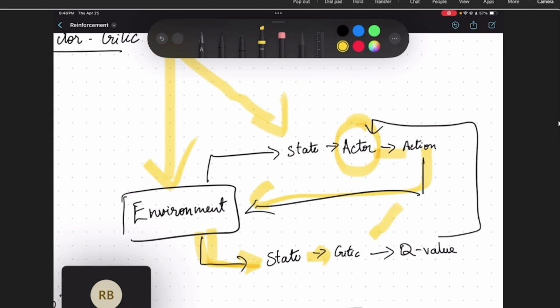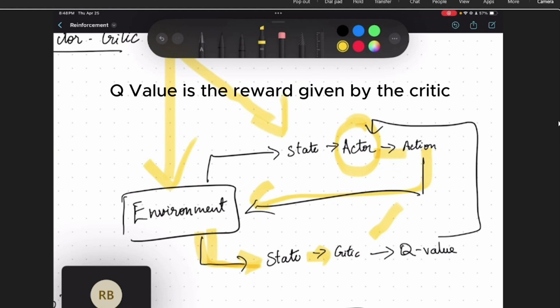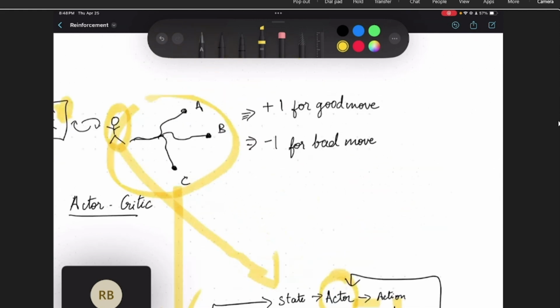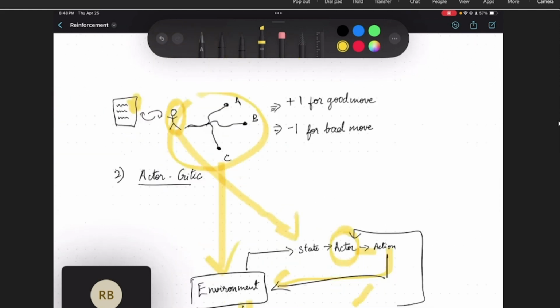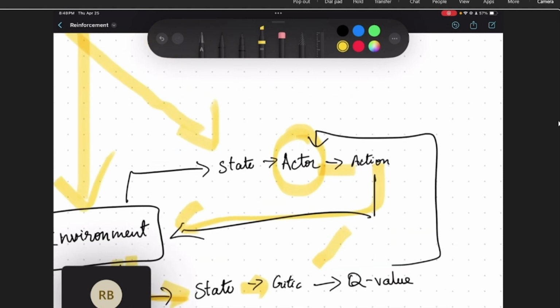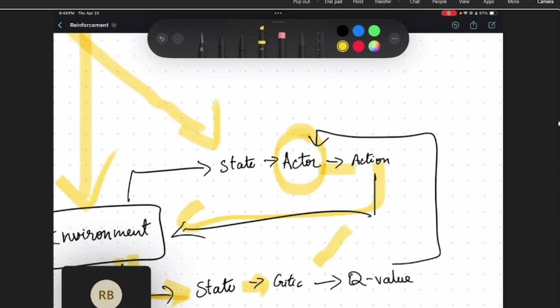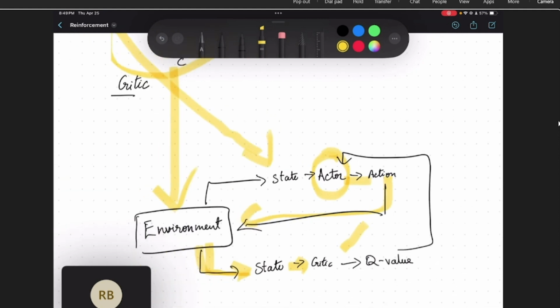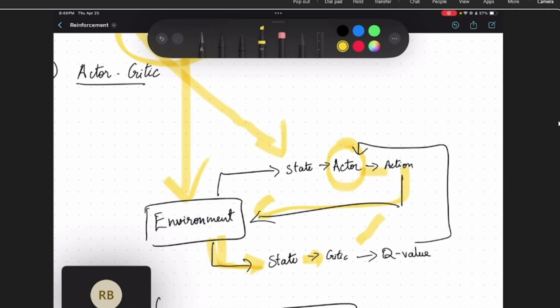The critic gives a Q value, which is not +1 or -1 as we saw in the previous section. It is like a percentage of how good the move is. This Q value is updated to the actor so that it gets to know whether the action or decision it took is correct or not, or how good or bad the decision was.